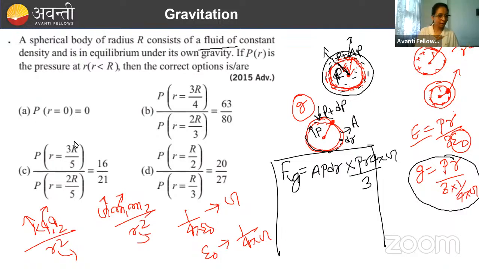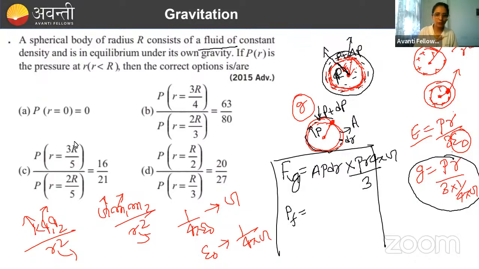So obviously, to equate, the net pressure force would act in the upward direction, so I will put a minus sign in the net pressure force.